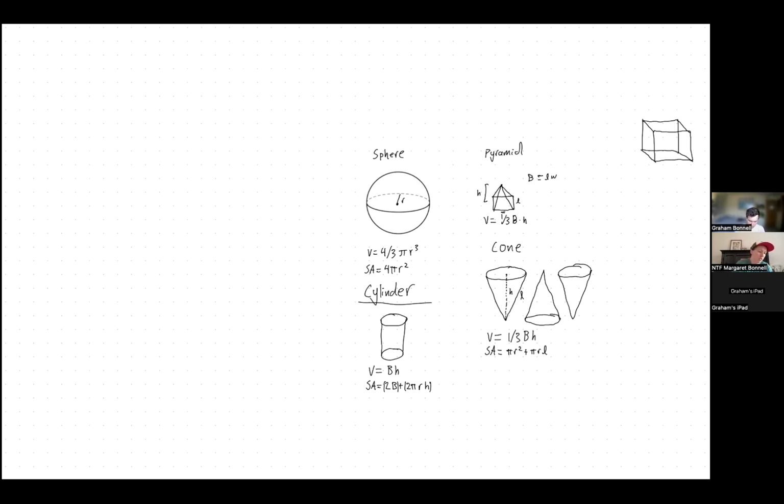You know what? I'm going to redraw it closer and make it more like a rectangle. Rectangular prism. Lovely.